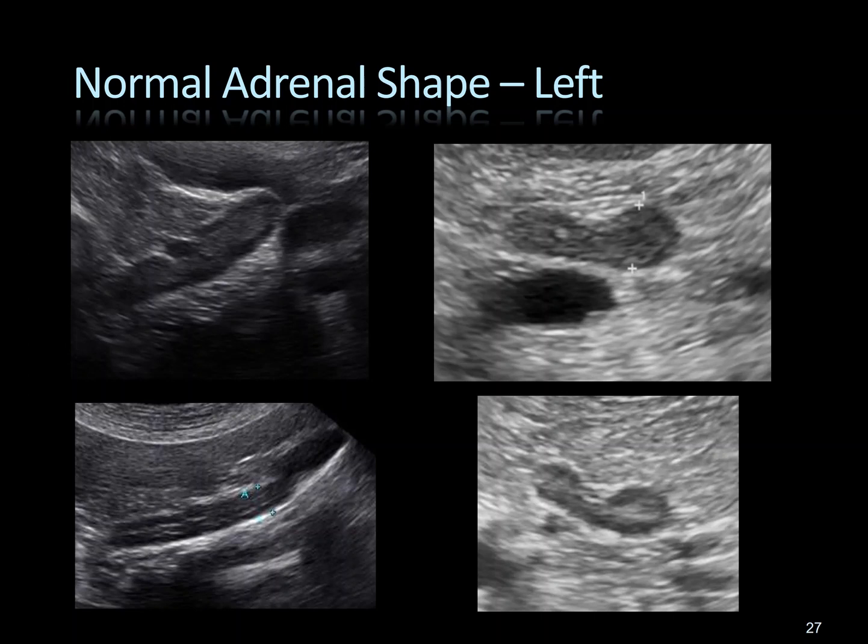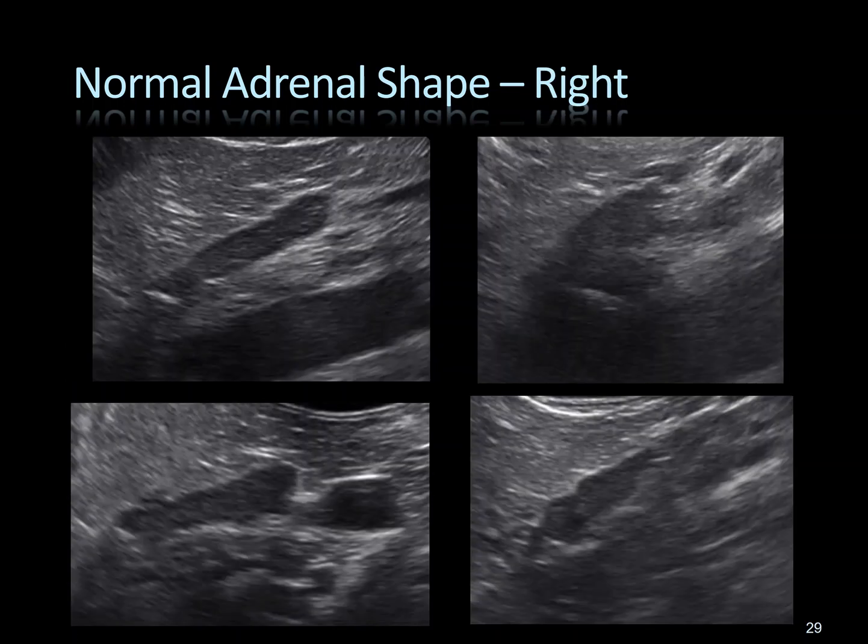Shape of the left is usually relatively constant, not as much variation in shape as we'll see on the right side. So you can see it's usually somewhere between peanut shaped and then just long and skinny. On the right side, again, a little bit more variation. You can have some that are a little longer, some that are a bit more arrowhead shaped.